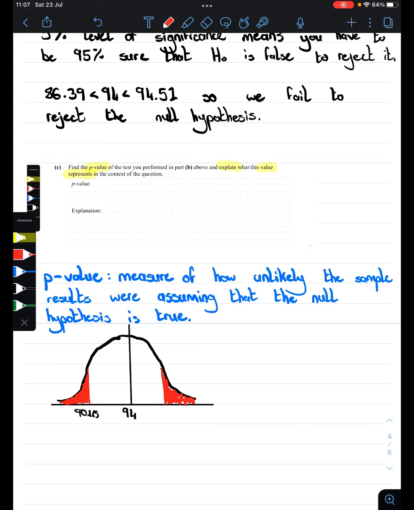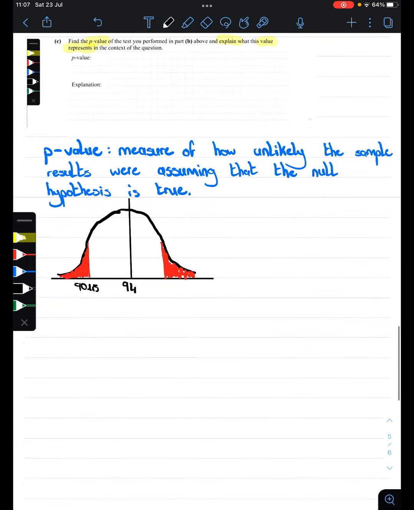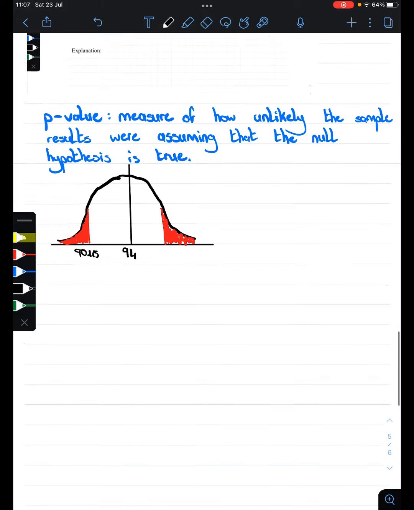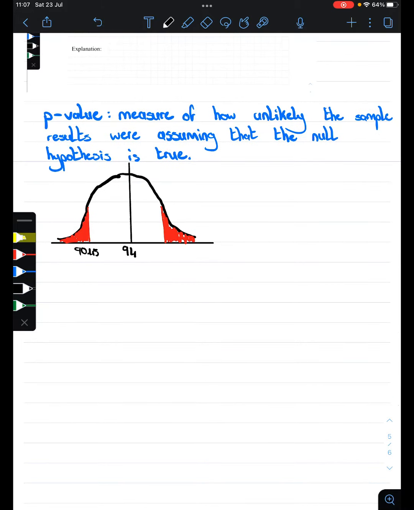Alright, so using that knowledge, we know that the sample mean is normally distributed. So it actually does look something like the drawing.